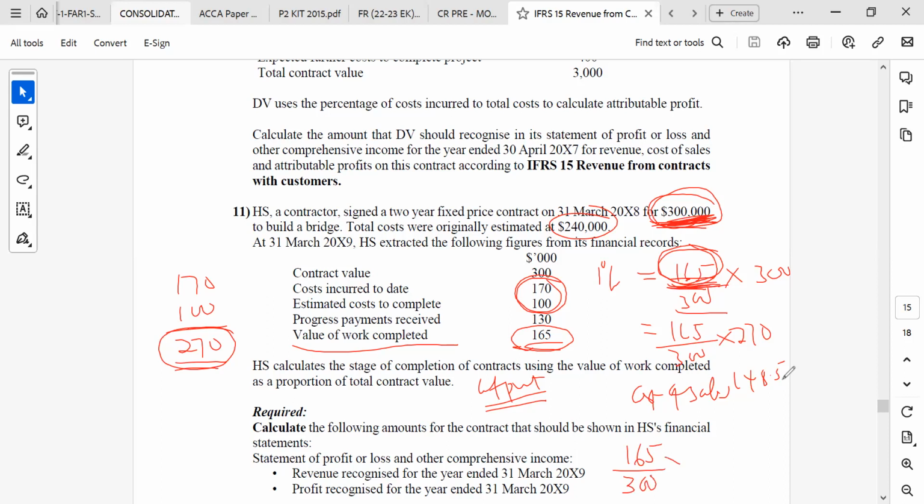165 over 300 times 30. What are you getting? 16.5. But you know that cost price plus profit will give us the selling price, isn't it?